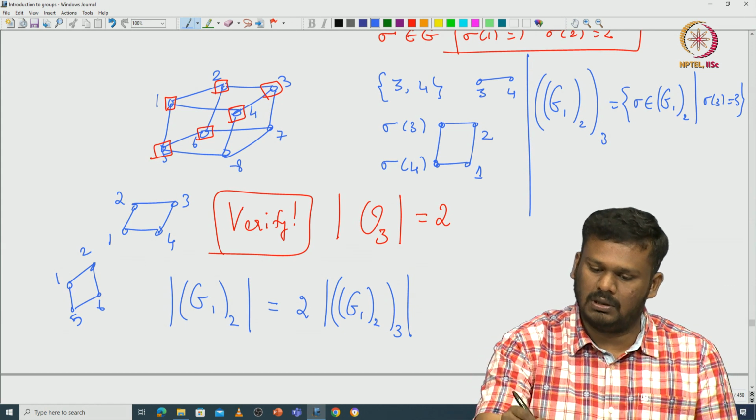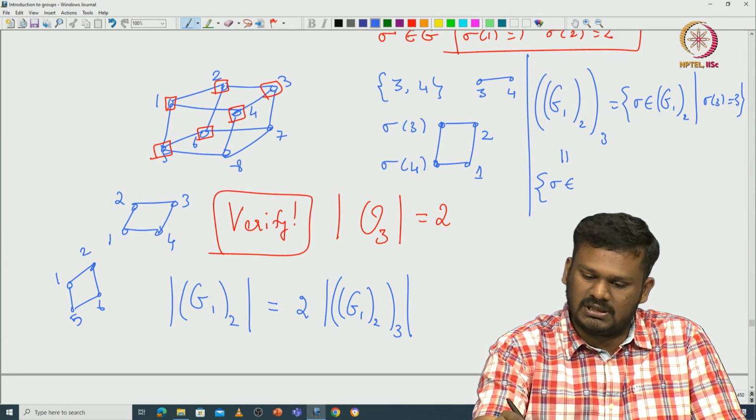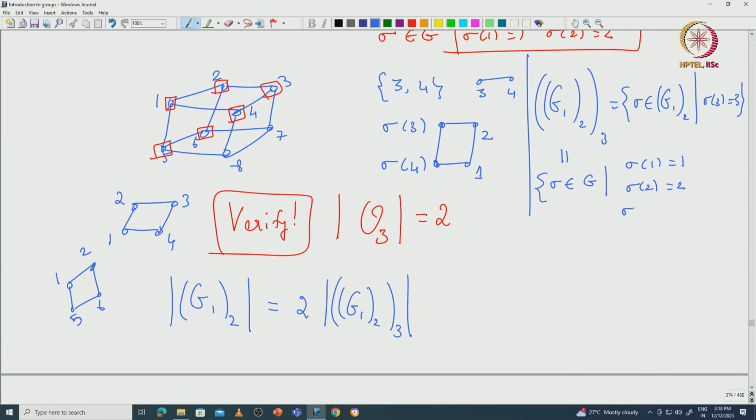But if you rewrite this in terms of elements of G, this is those sigma in G such that sigma of 1 is 1, sigma of 2 is 2 and sigma of 3 is 3. This is those automorphisms of G that fix 1, 2 and 3. I will leave it to you to think about it and then prove that this is exactly the identity map. Once you fix 1, 2, 3, then you are fixing all other vertices. There is no other option. This is something I will leave to you to verify.